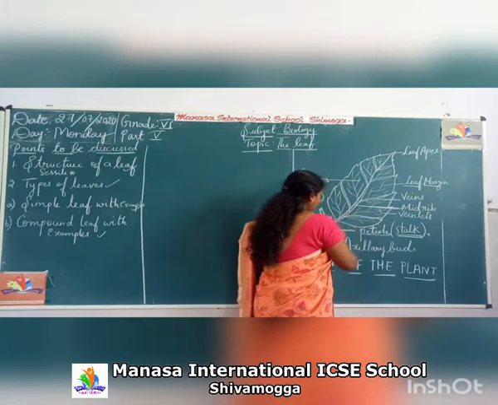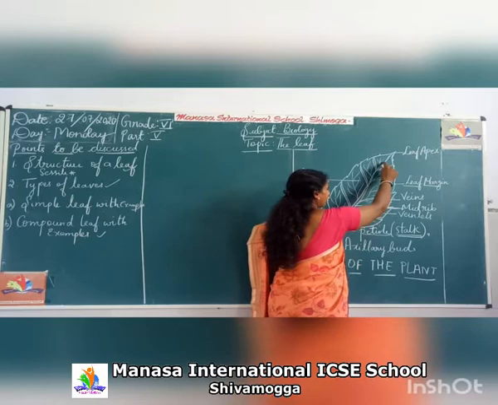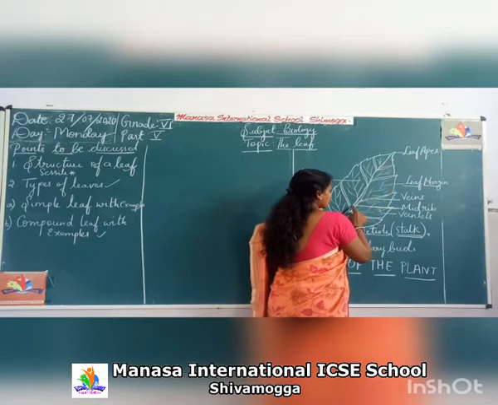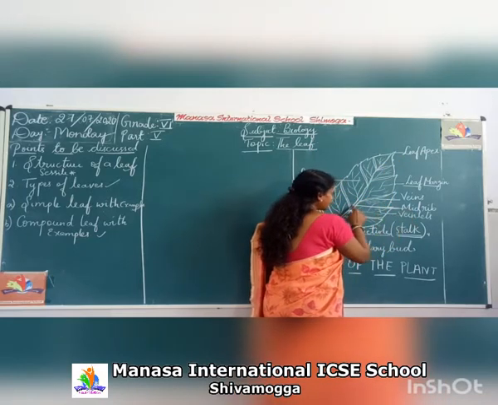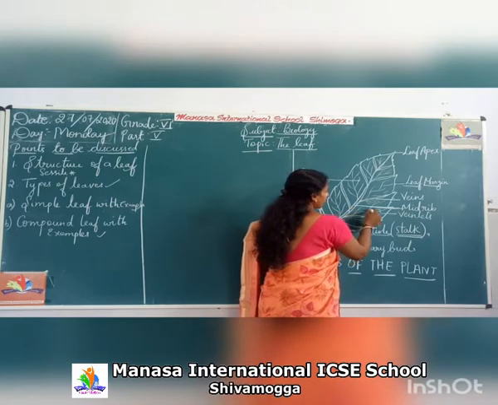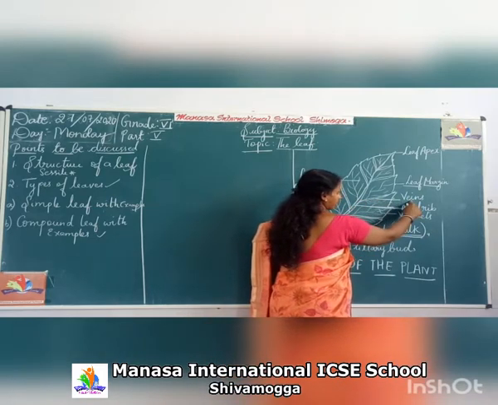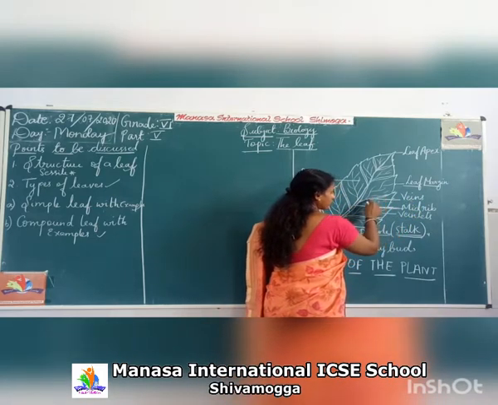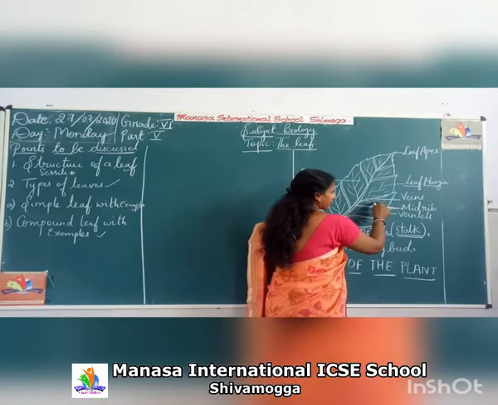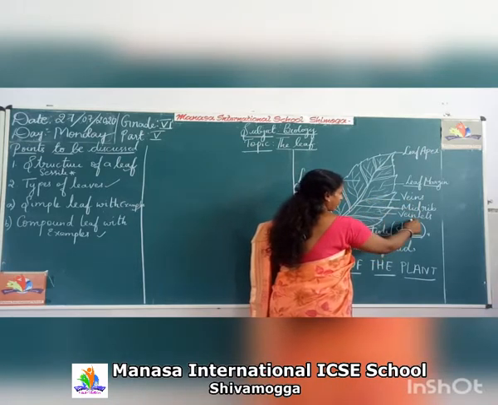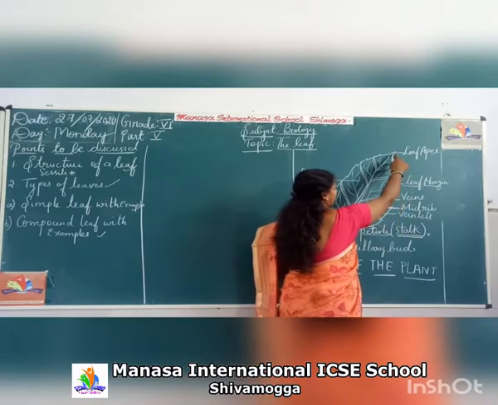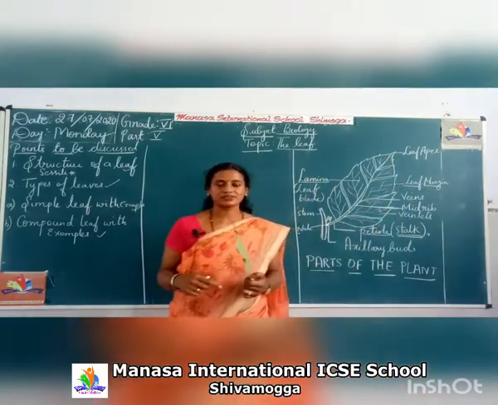The petiole will extend as the midrib throughout to the apex. This is called the midrib. And this midrib will give rise to fine branches called veins. And these veins give sub-branches, or a network, called the veinlets, right? Veinlets. And also we have at the tip the leaf apex.